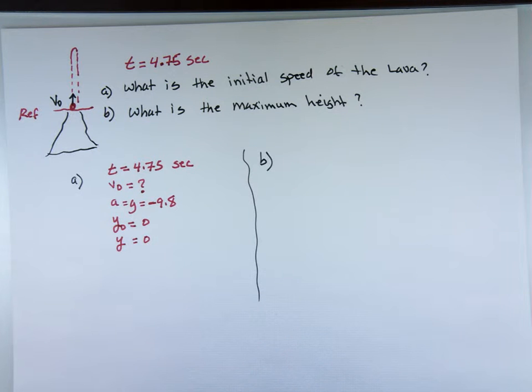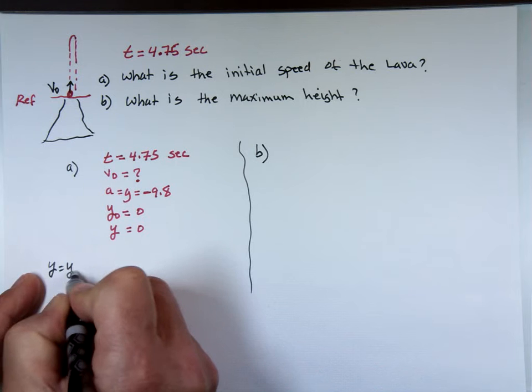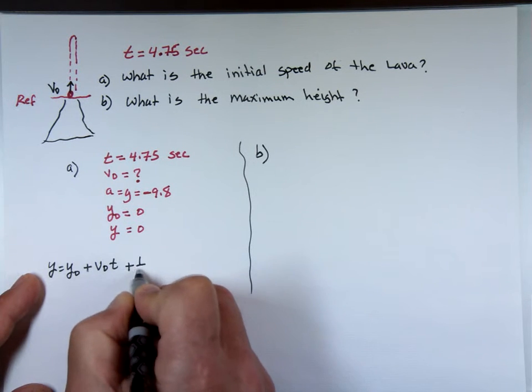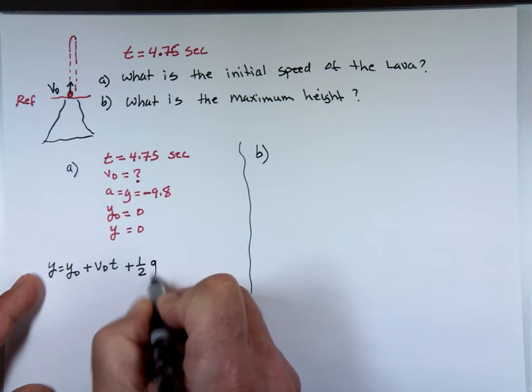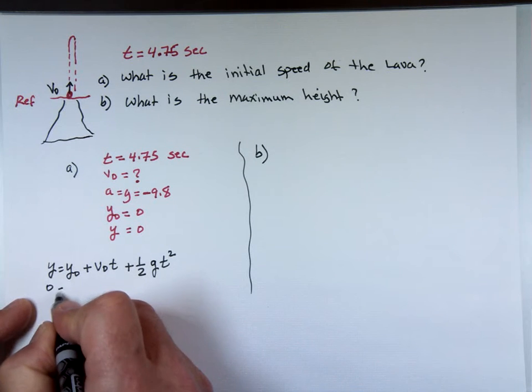Is there an equation that we can use that has all these pieces in it? Could I use y equals y sub 0 plus v0 t plus 1/2 g t squared? This is 0, 0.